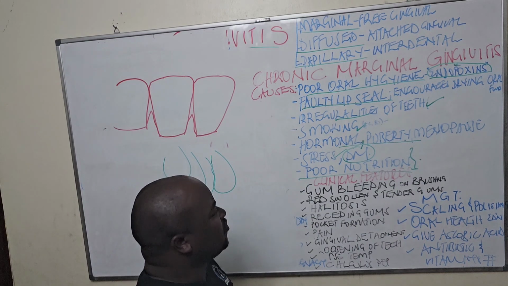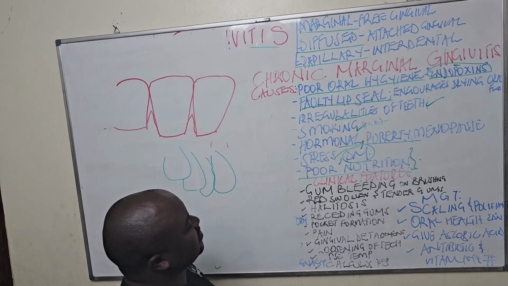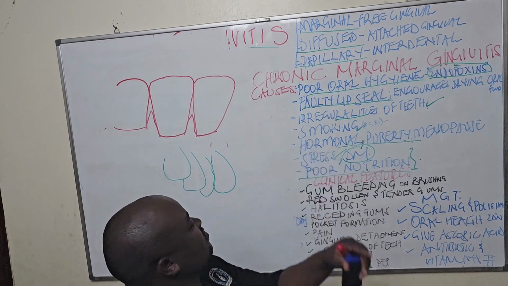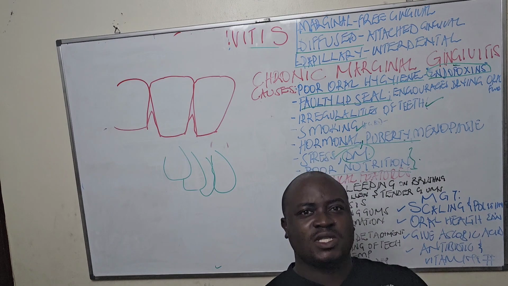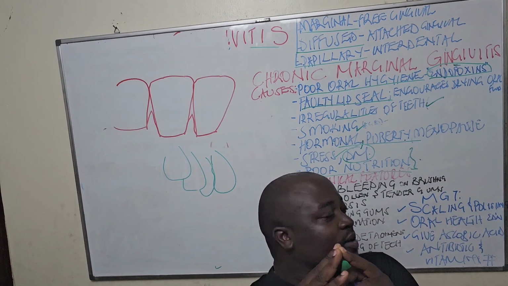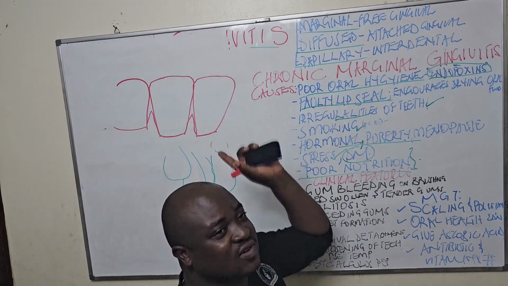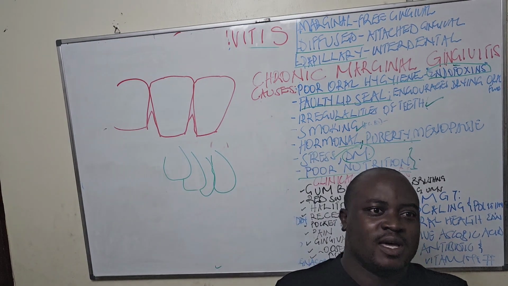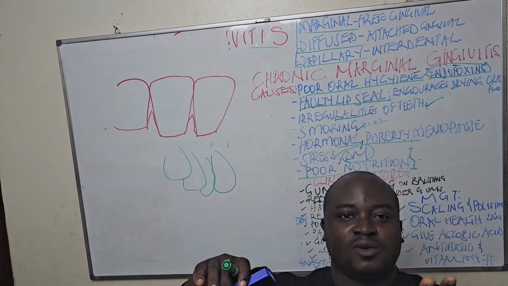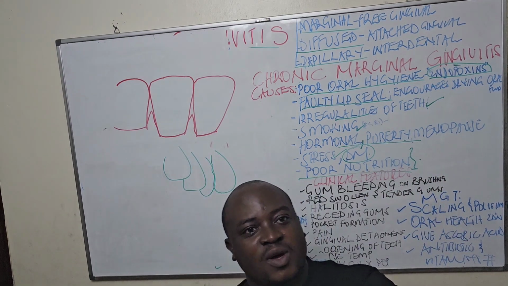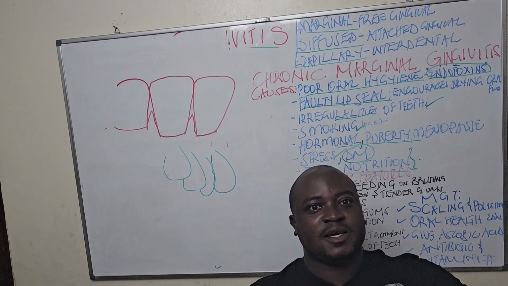What are the clinical features? Clinical features of gingivitis, of chronic marginal gingivitis. As a student, there are things which you should not forget. The moment we talk about gingivitis, you know the cardinal symptoms of inflammation: pain, reddening, swelling, temperature.